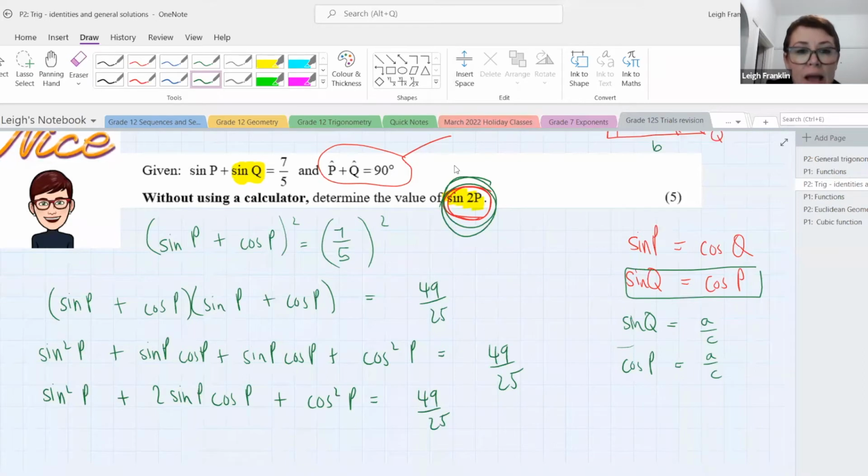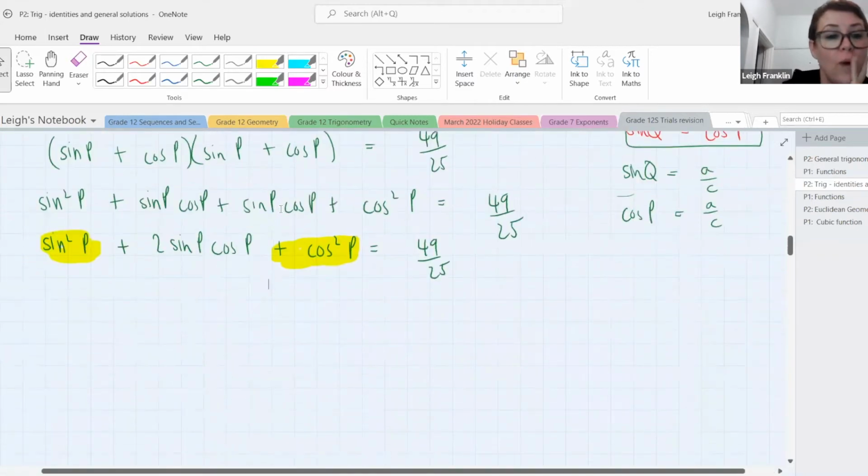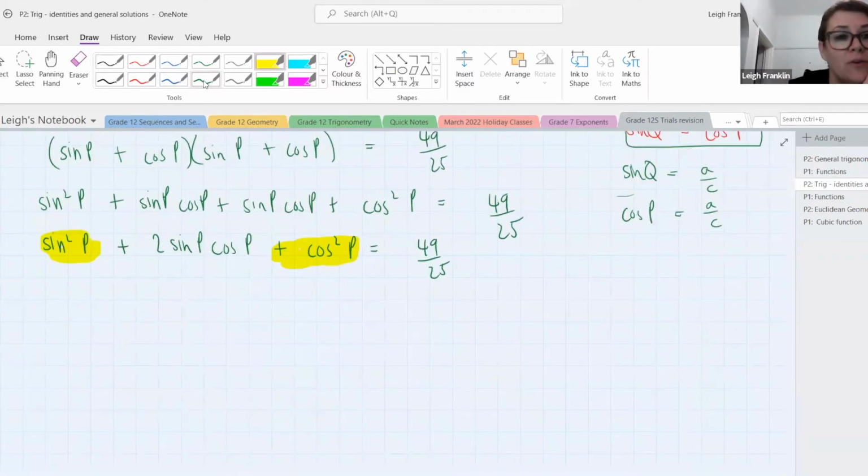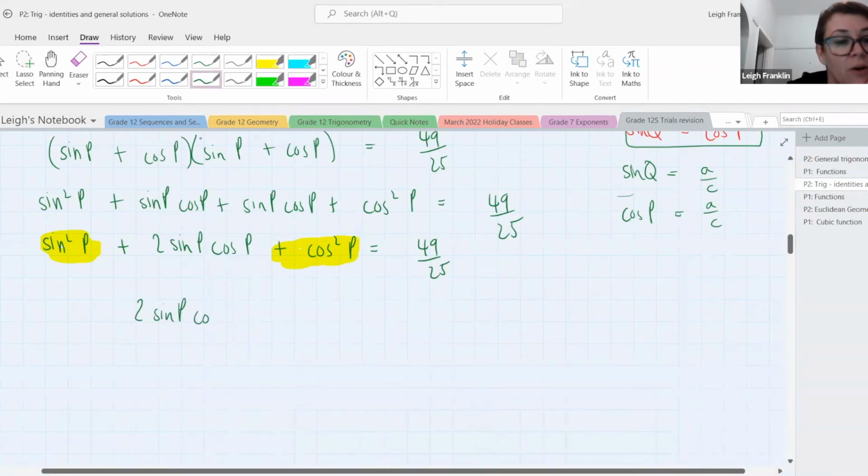And then again, yes, then we can get to identities. So here, sine squared P plus cos squared P is also an identity, isn't it? It's equal to 1. So now you've got 2 sine P cos P plus 1 equals 49 over 25.